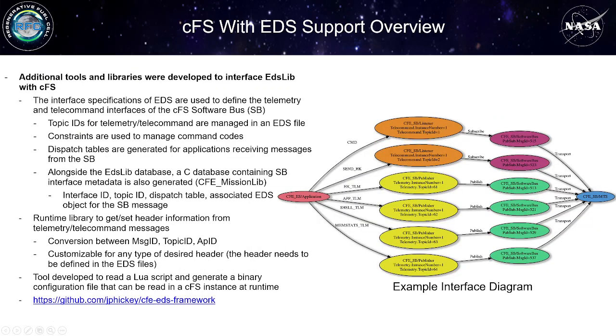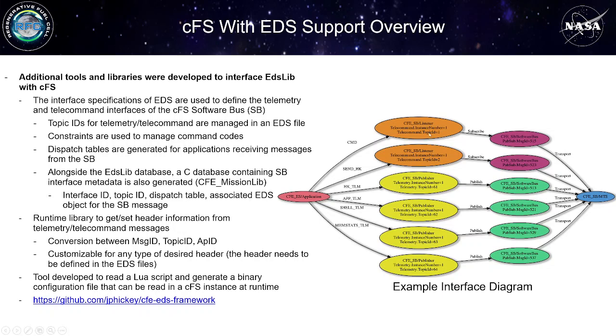And so the additional tools that were developed here for specifically interfacing EDS Lib with coreFlight. So using the interface specifications in the Blue Book, those are used to define the telemetry and telecommand interfaces of the coreFlight software bus.